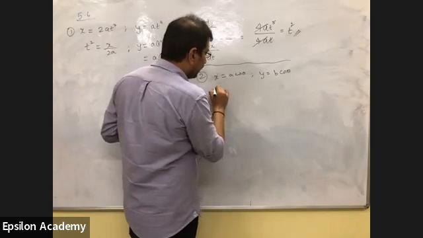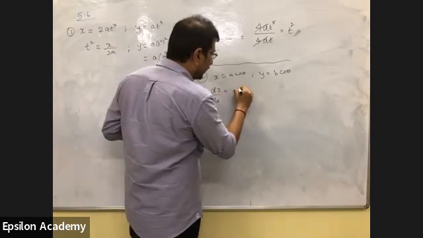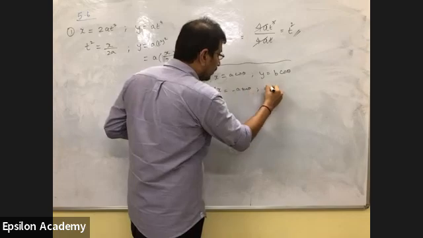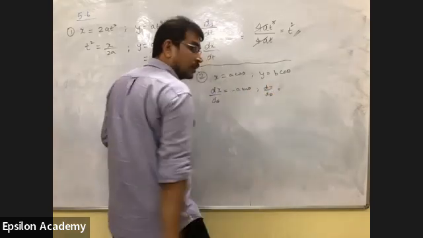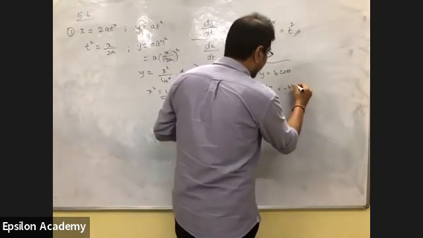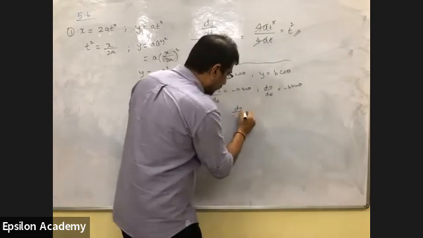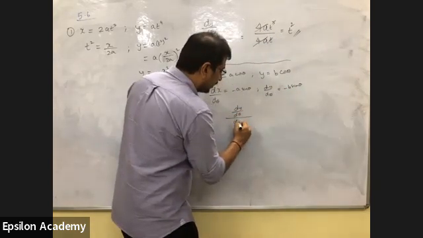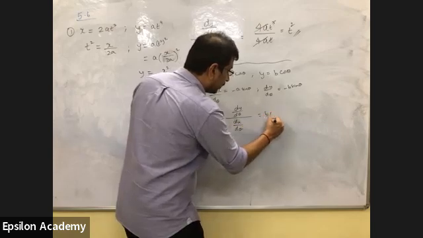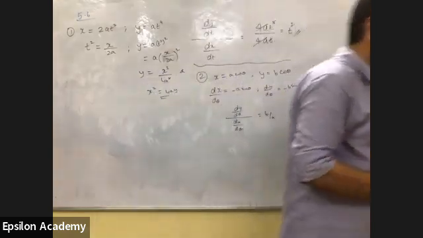So dx by d theta is minus a sin theta. dy by d theta is minus b sin theta. Divide both. So dy by d theta divided by dx by d theta is going to be b by a. It's a simple problem. Correct?